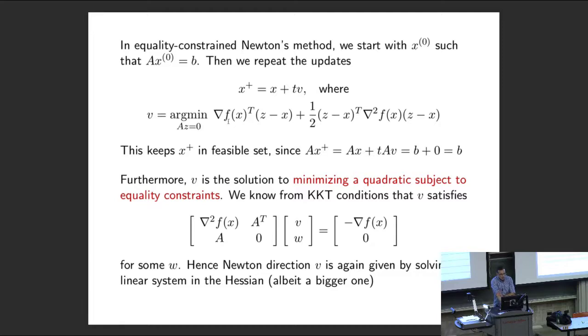We actually went through this case specifically when we talked about the KKT conditions. This is minimizing a quadratic function of z, thinking of x as fixed, subject to equality constraints. We know we can use the KKT conditions to write down necessary and sufficient conditions for the solution here: a convex quadratic subject to equality constraints. If you go back to those slides, you'll see we just had to form the Lagrangian.